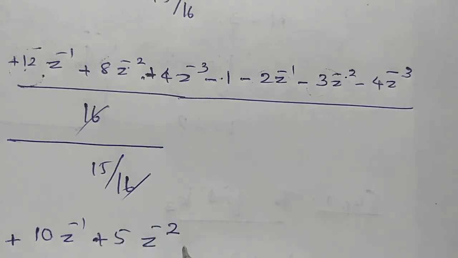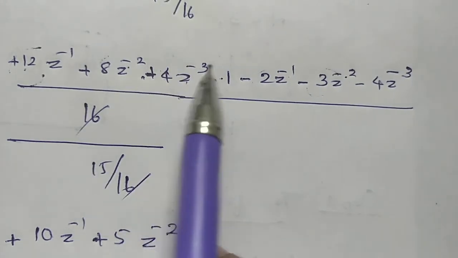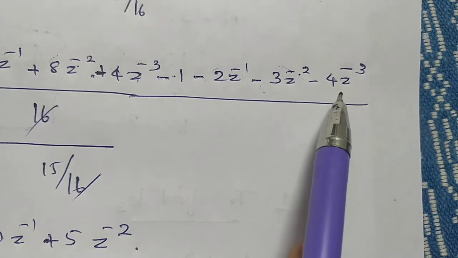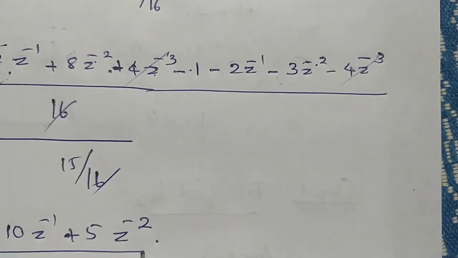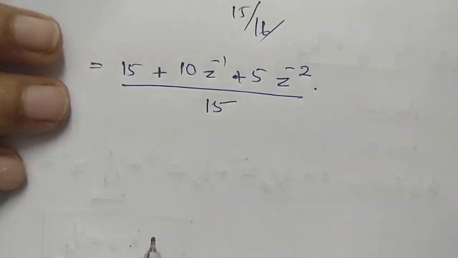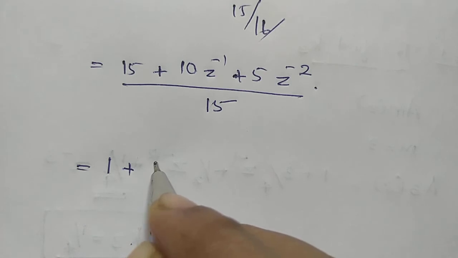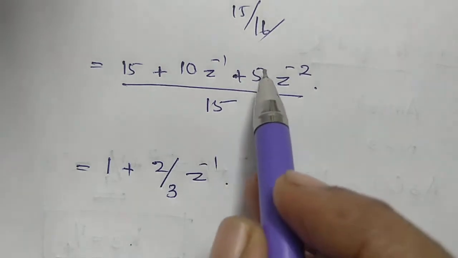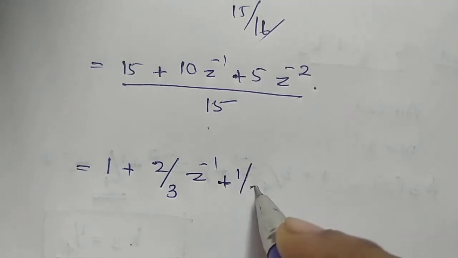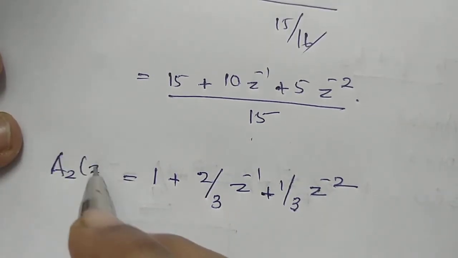Then 4 z raised to minus 3 and minus 4 z raised to minus 3, so that term got cancelled. Whole divided by 15. Dividing by 15, we get 1 plus 10/15, that is 2/3 z inverse. Then 5/15 gives 1/3 z raised to minus 2. This is the value of A2 of z.